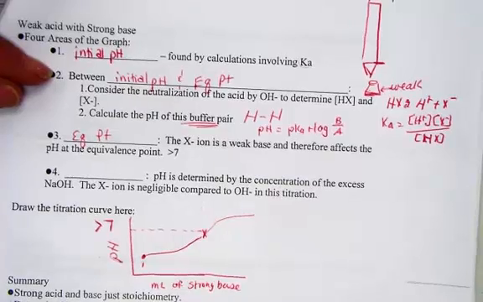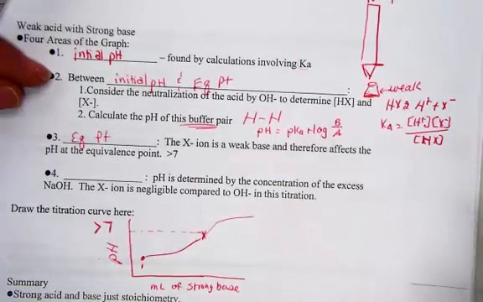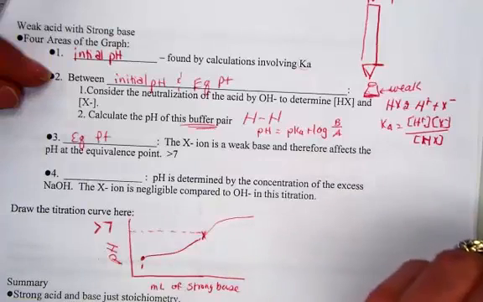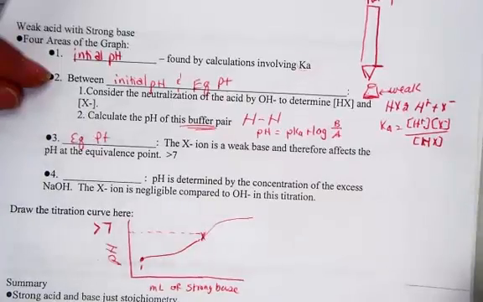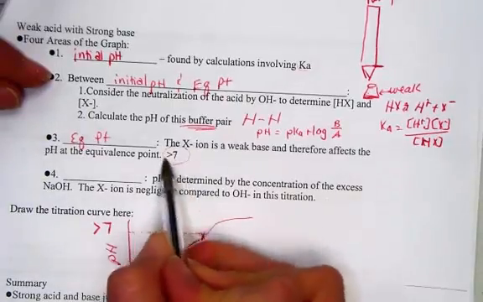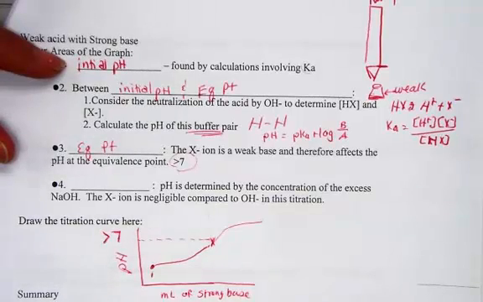Strong acid, strong base, at the equivalence point, pH equals 7. But because we now have to consider hydrolysis of the salt that's being produced, if I add a strong base to a weak acid, the equivalence point is actually over pH 7. So a greater than 7 equivalence point is how I can determine the pH slope if I'm doing strong base with weak acid.